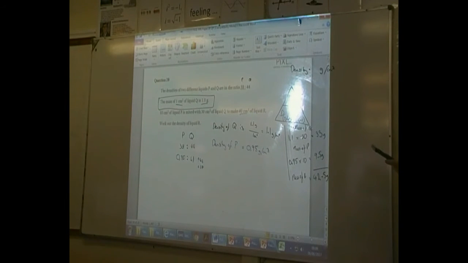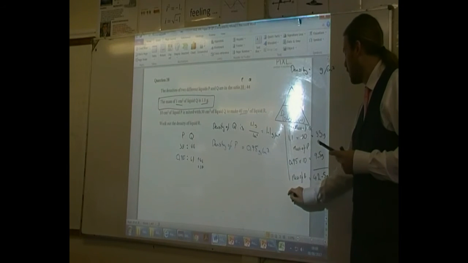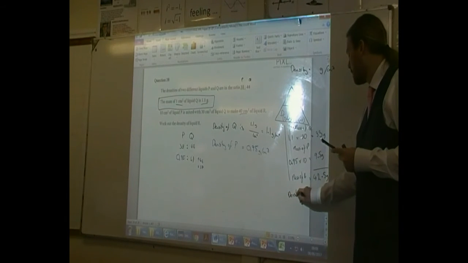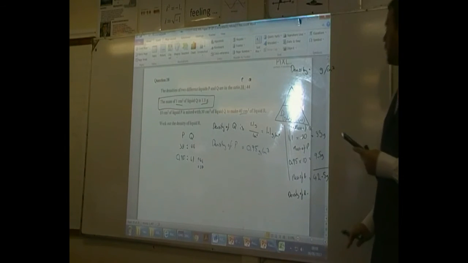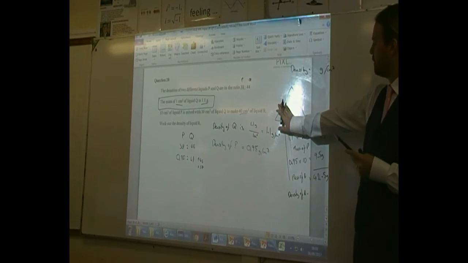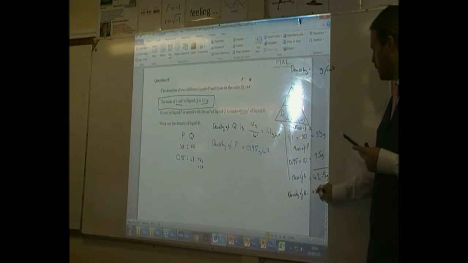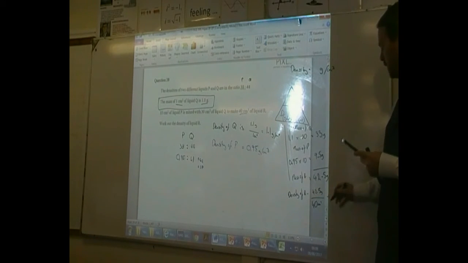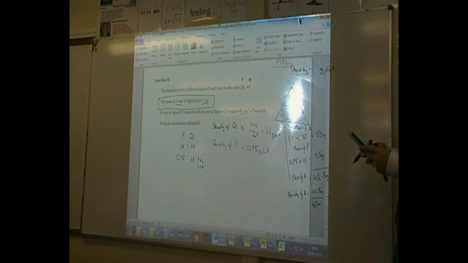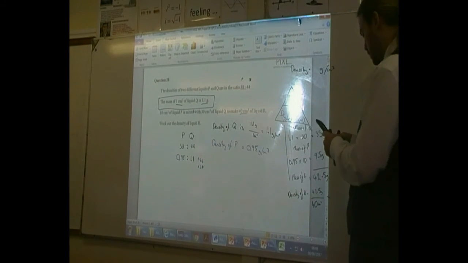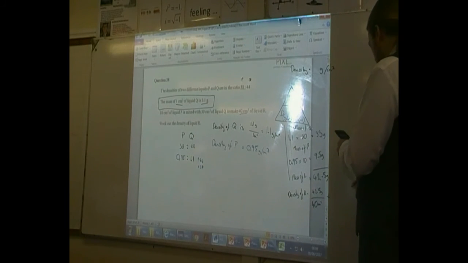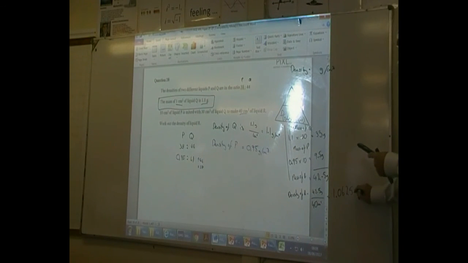Last step, find the density of R. So if I cover up density, I'm doing mass divided by volume. So that's 42.5 grams divided by the volume, which is 40 centimetres cubed. And that will be 1.0625 grams per centimetre cubed.